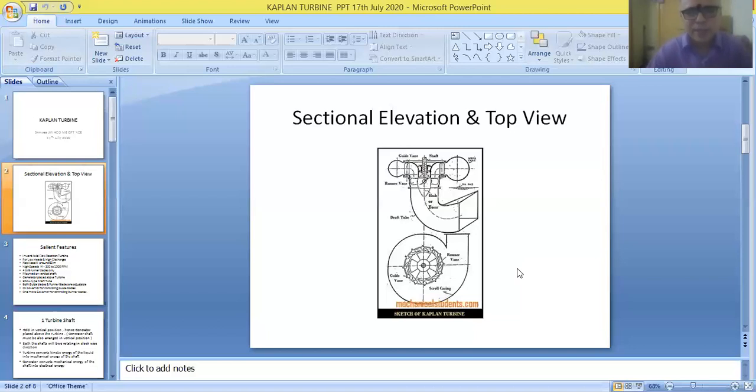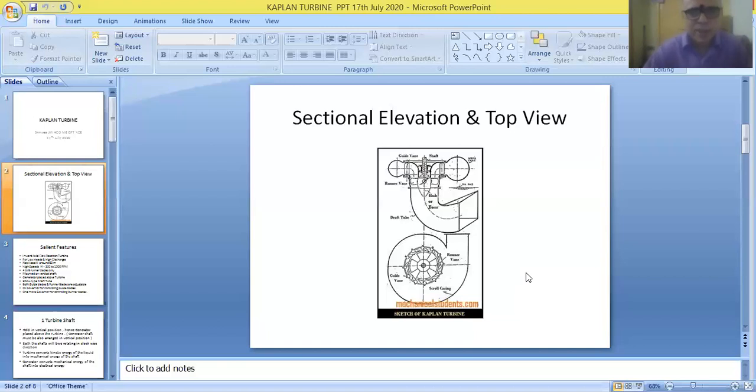So friends, the runner is also used for raising the kinetic energy of the liquid. So energy conversion is taking place in 3 stages. Initially, the casing is raising the kinetic energy of the liquid. Secondly, in the second stage, the guide wheel is also raising the kinetic energy of the liquid. And in the final stage, the runner will also be raising the kinetic energy of the liquid.